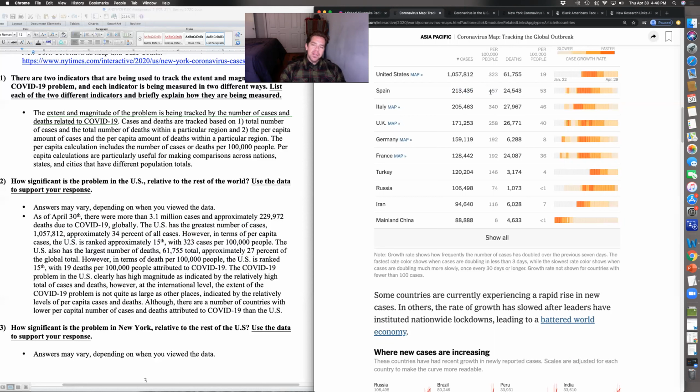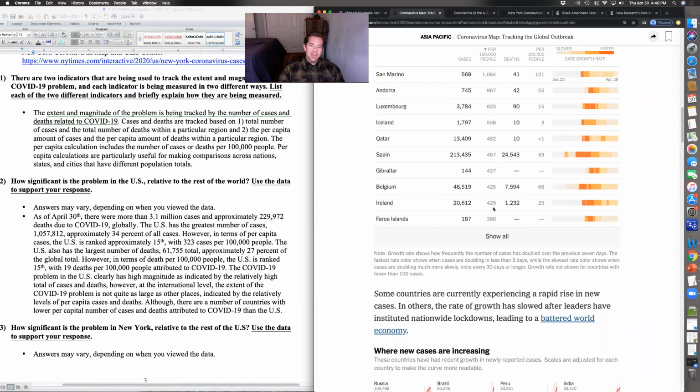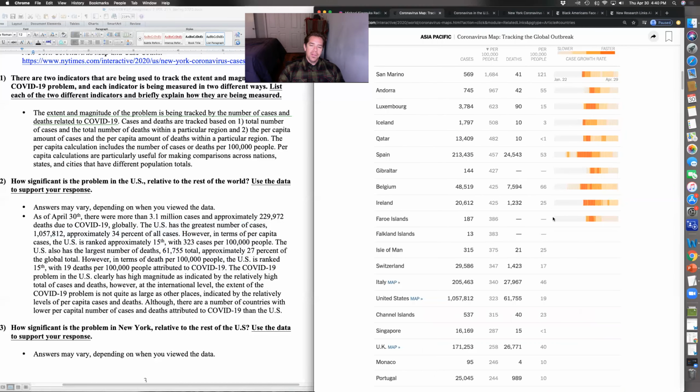So what this tells us is that controlling for population size, because Spain is a much smaller country, when we control for population size, and if you click on this link here, you'll see that the US disappears. When you click on that, it sorts the countries based on the per capita ratings.